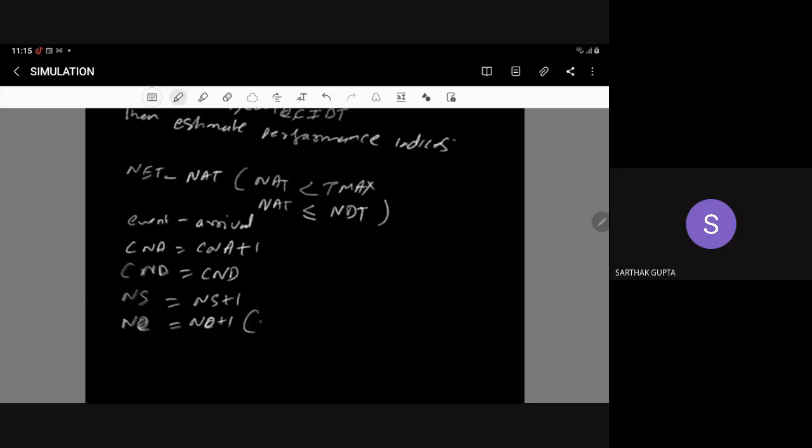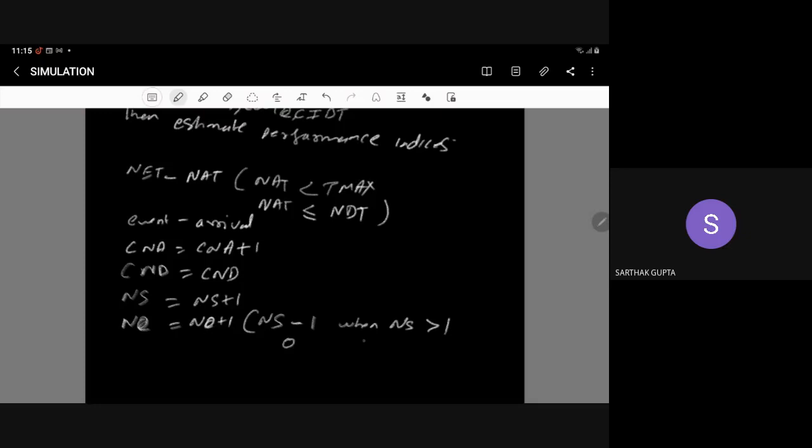In practice, you write NQ as NS minus 1 when NS is greater than 1. When NS is greater than 1, then NQ is NS minus 1.